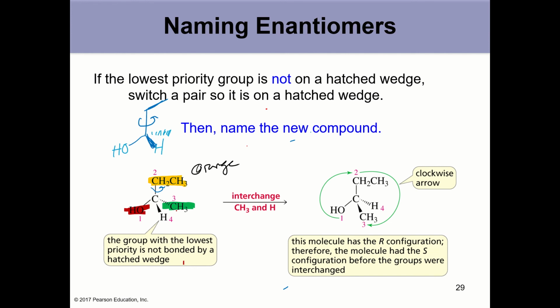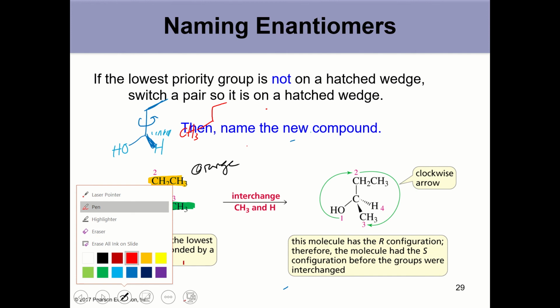So take this three-dimensional structure and rotate it about the bond. If we draw the result of the rotation, ethyl stays where it was. I rotated it until methyl came all the way into the position of hydroxide, hydroxide came into the position of hydrogen, and hydrogen went into the position of the methyl group.